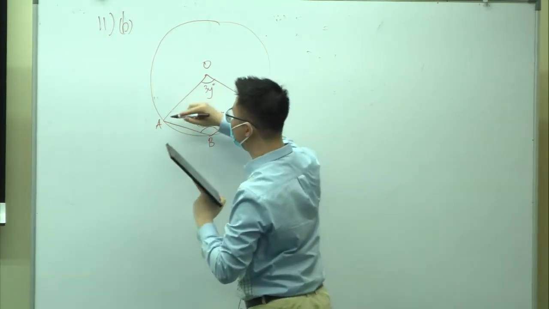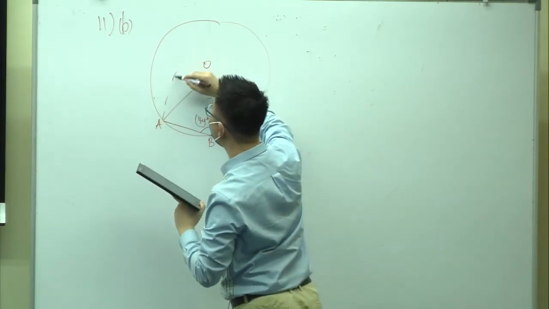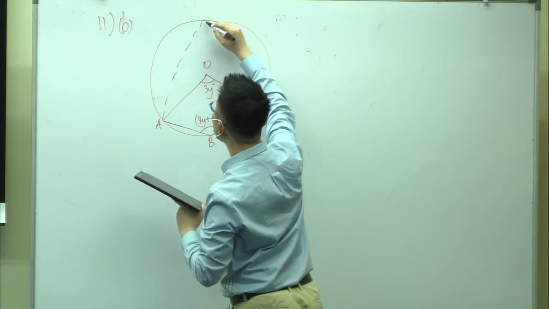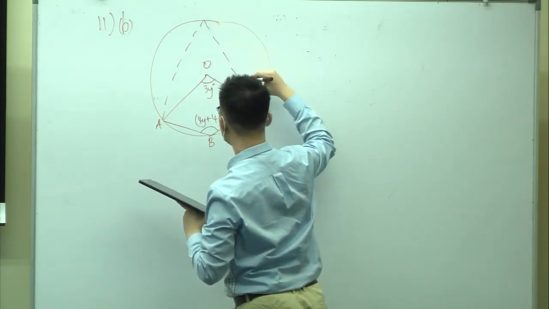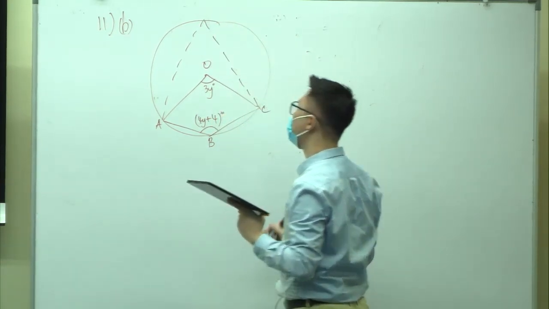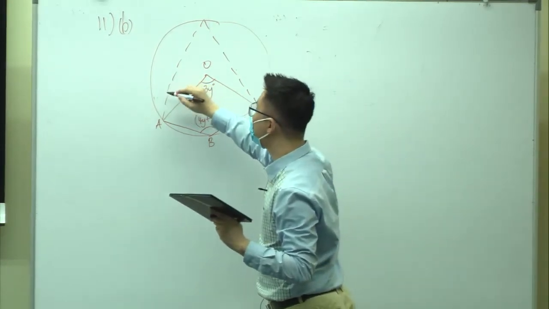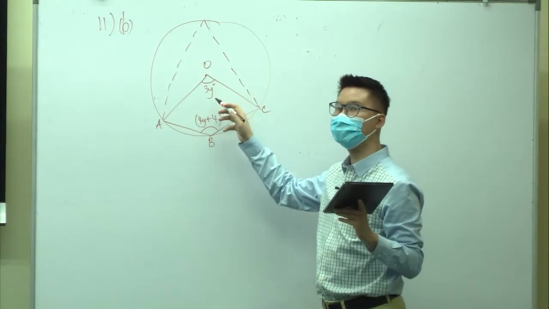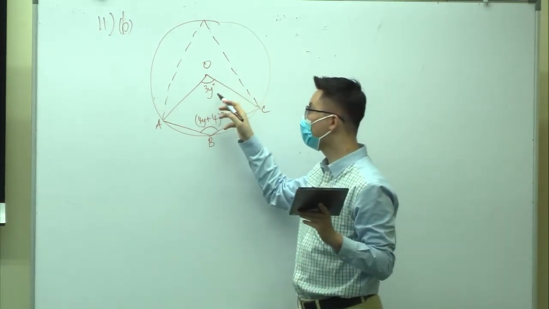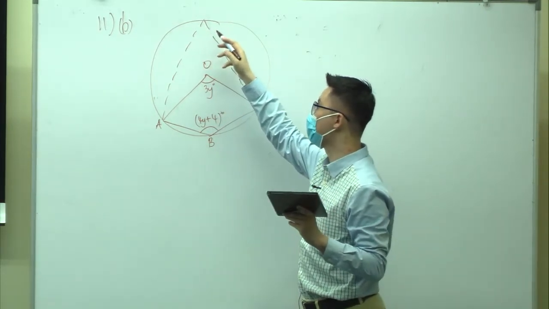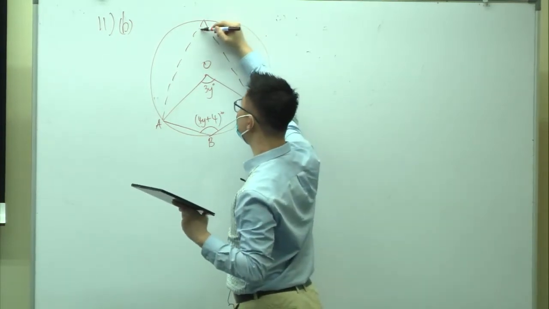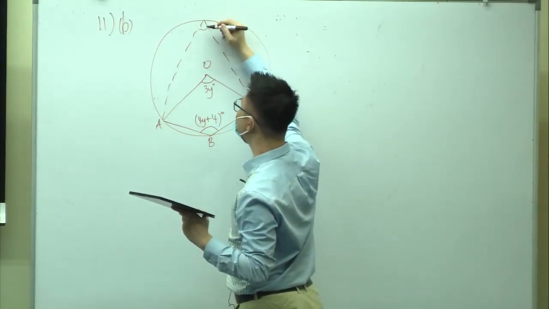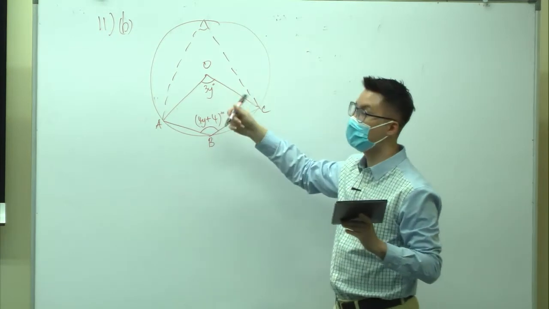Here is what we can do. We can draw these two lines. Now you notice that the angle at the center is twice the angle at the circumference. This angle is actually smaller than this angle.